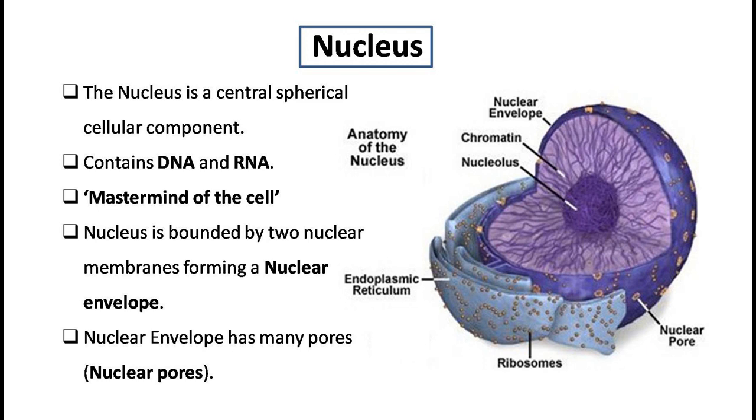It also controls all the metabolic activities in the cell. Now the nucleus is bounded by two nuclear membranes, forming a nuclear envelope. The nuclear membrane has many pores, which facilitate transfer of substances between nucleus and the cytoplasm.